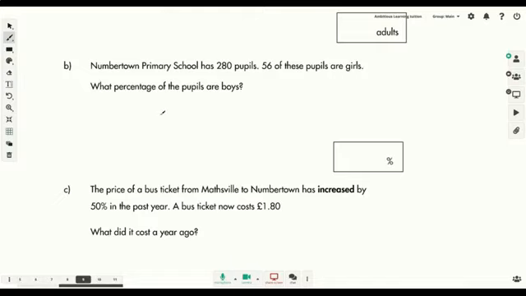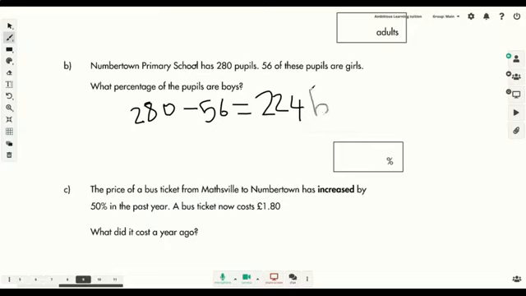It's easy. You know that there are 280 pupils altogether. Minus 56, you will get 224.